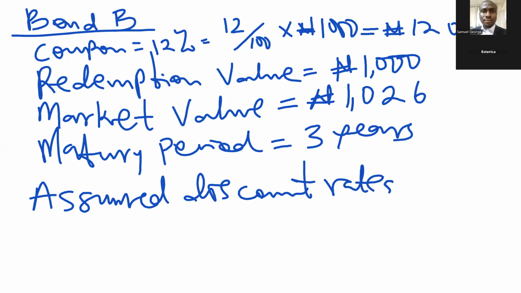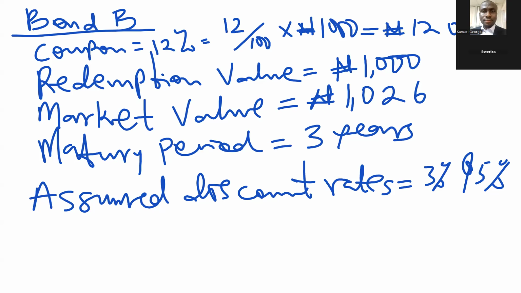Let us do the same thing: 3% and 5%. So let us go ahead to use IRR to calculate our bond B yield to maturity.